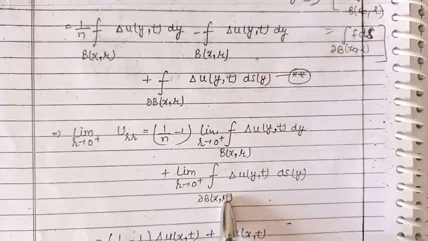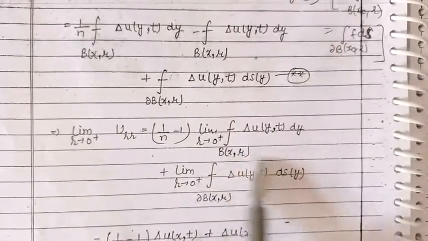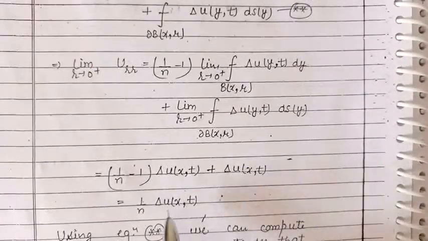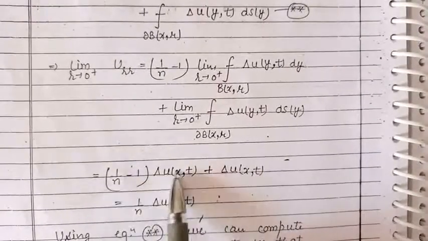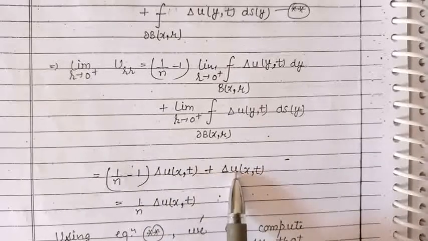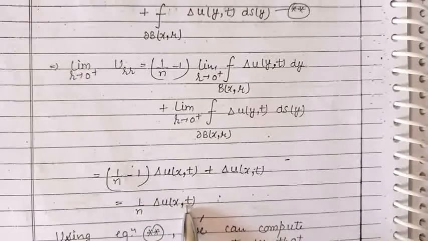In the same way here, as the radius approaches 0, the ball will shrink to the center only. So this will become Laplacian of u at x. So this term and this term are cancelled out. These two terms are cancelled out. So we are left with 1 upon n into Laplacian of u at x.